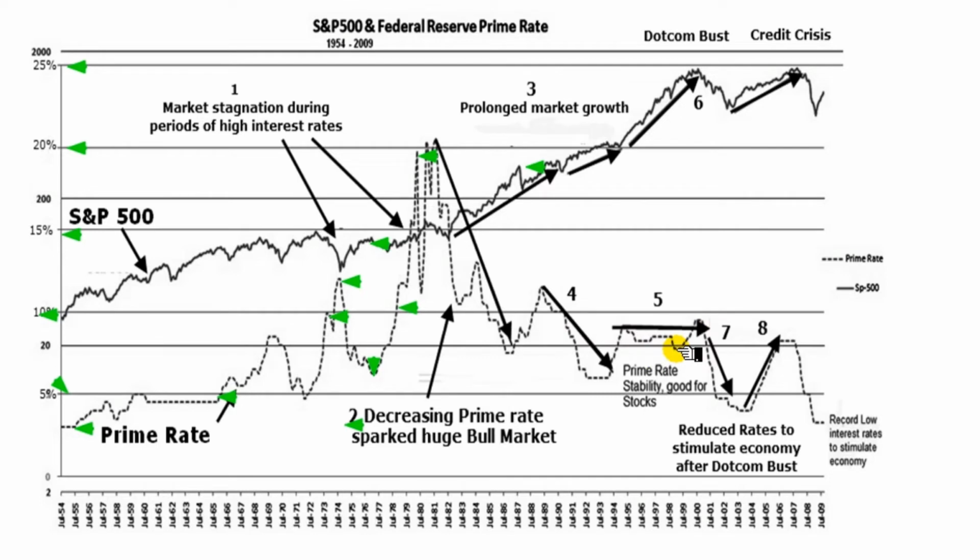Of course, the Fed noticed that there may be some overheating leading up to the dot-com bust of the year 2000, and the prime rate was increased to try and provide a little element of stability and cooling for the economy. And what happened? We had the dot-com bust.